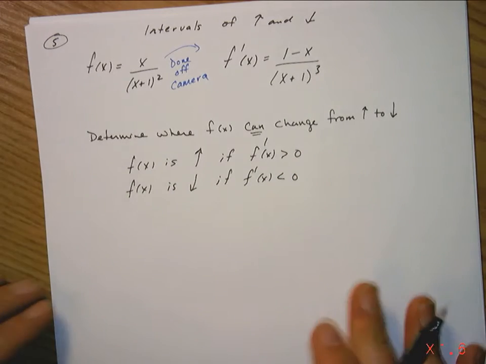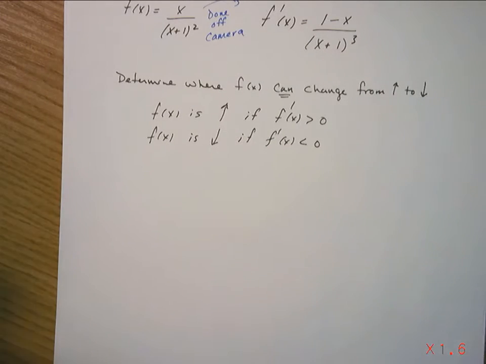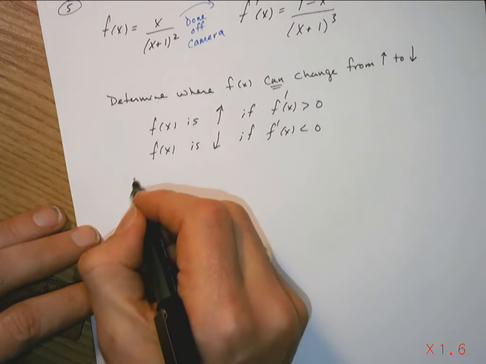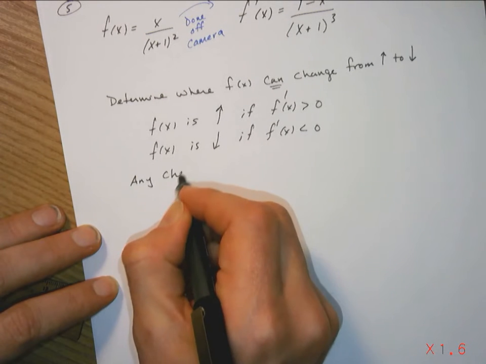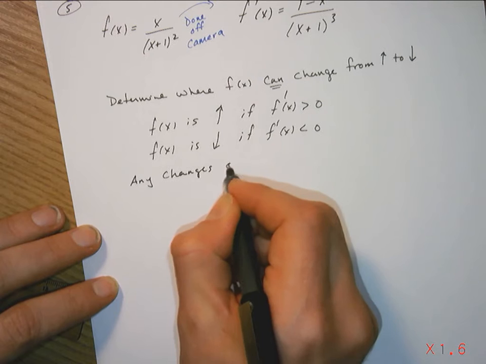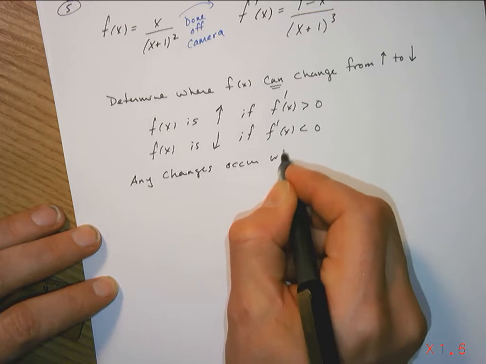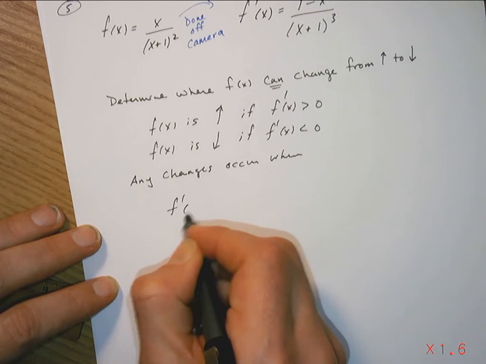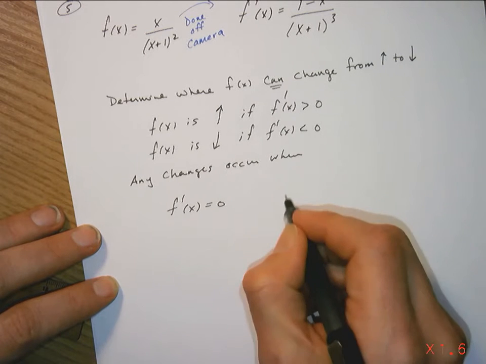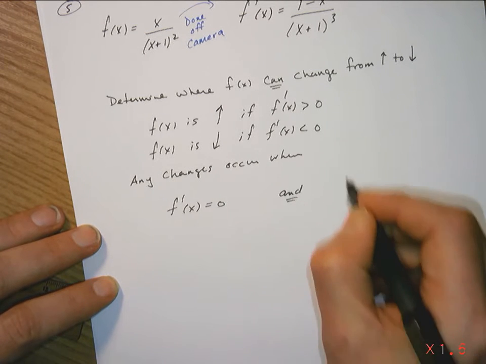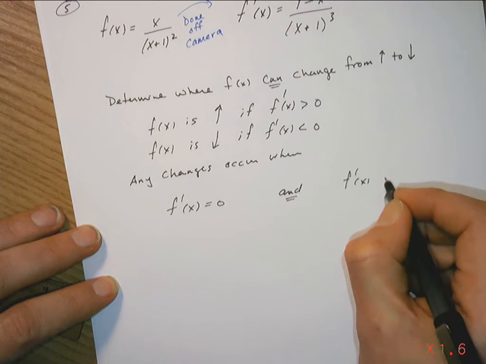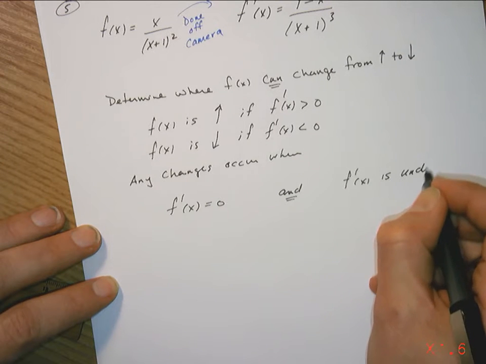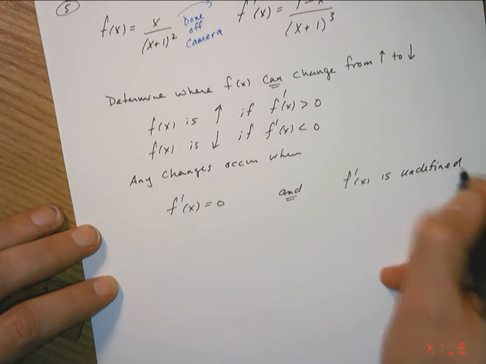Therefore, any changes from increasing to decreasing occur when f prime of x equals 0 and when f prime of x is undefined, at a vertical asymptote per se.